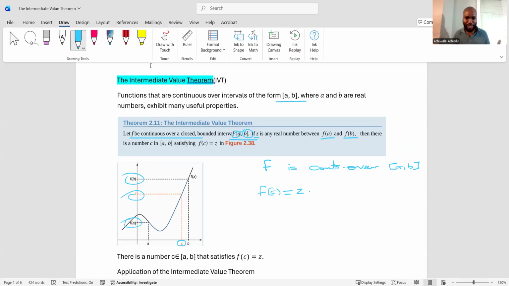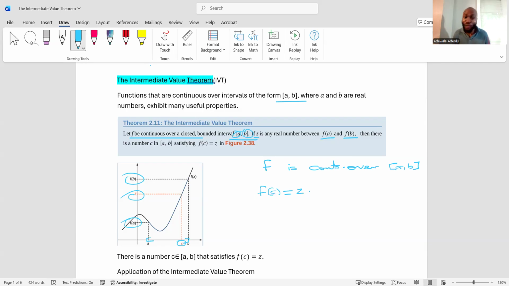Let us think about it. You have a continuous function, that is, there is no break, no jump discontinuity, no removable discontinuity. It is continuous on, say, this interval a, b. Now, you evaluate f at a, you evaluate f at b.